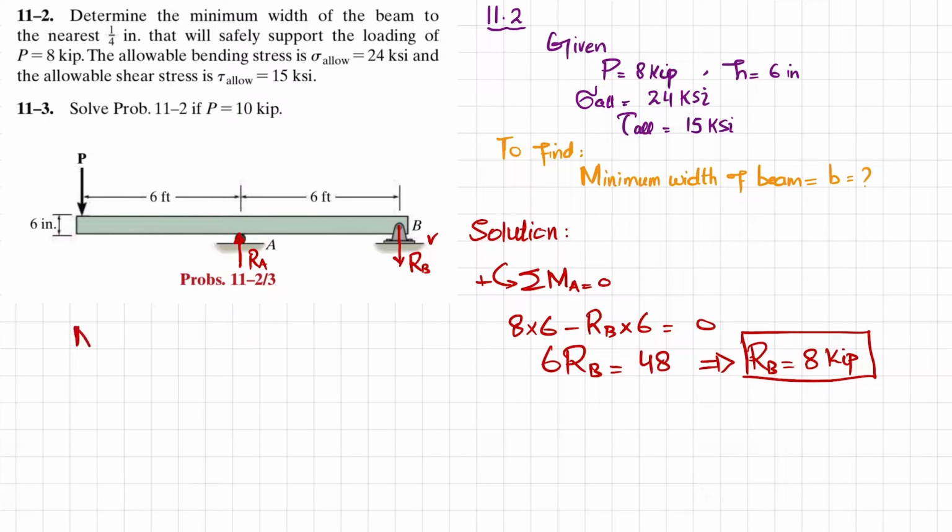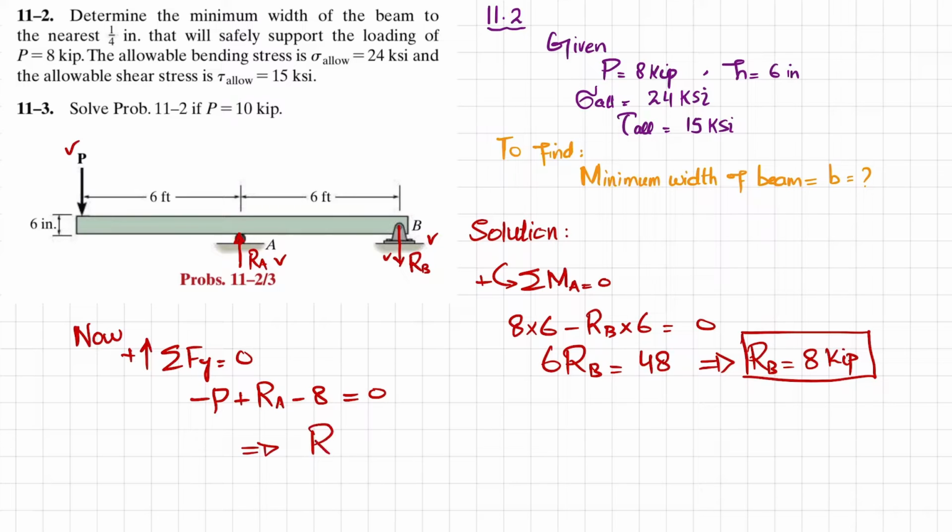Now we know that the sum of all forces along the y direction must be equal to 0, taking the upward force as positive. So there are three forces: one is P, acting downward; the other is Ra, acting upward; and the third is downward, which is minus 8. Their sum must be equal to 0.